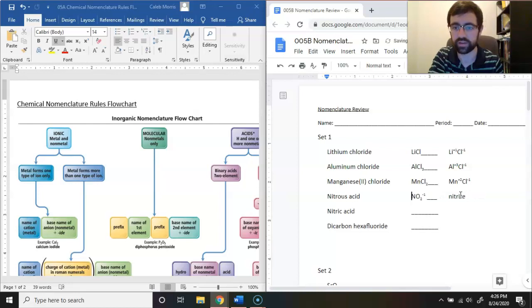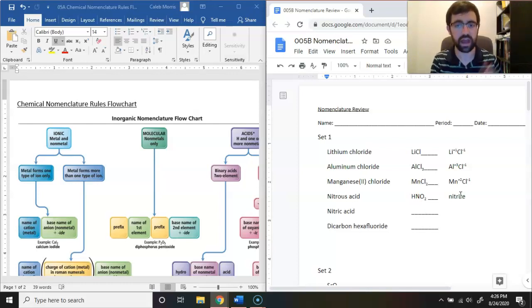Okay, that's nitrite. Now, if it's an acid, then it starts with H, but we need to know how many H's it starts with. Well, H has a +1 charge. So how many +1s do I need to cancel out a -1? Well, I only need 1. So all I have to do actually in this case is get rid of the charges because it's already neutral. So nitrous acid, that's what it is, HNO2.